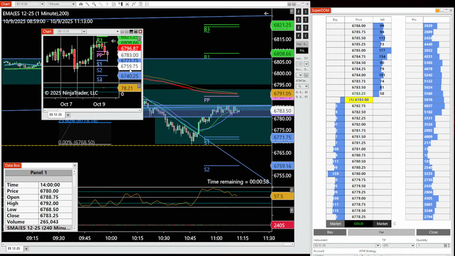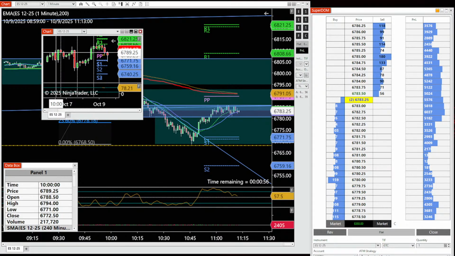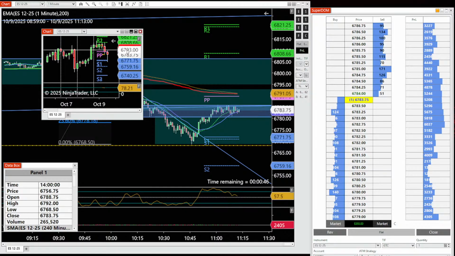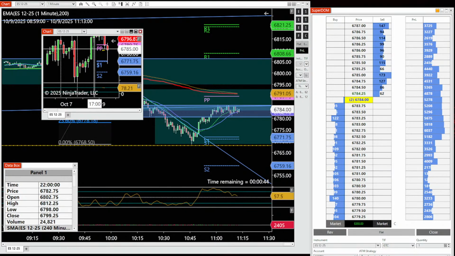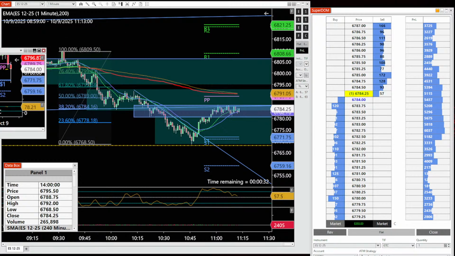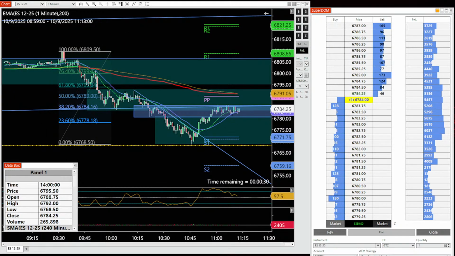This consolidation where we had red, green, red, green, red. Back in this range, back in this range right here. 286. See where it wants to go.